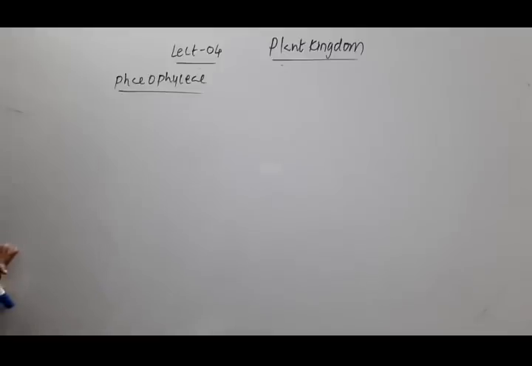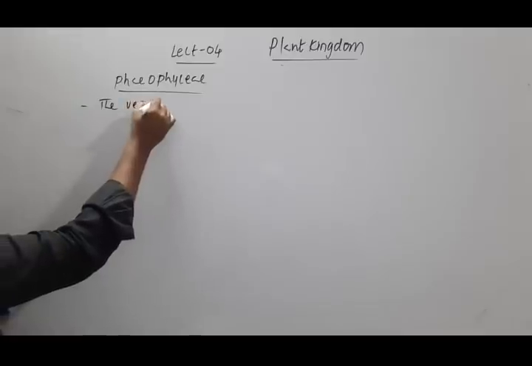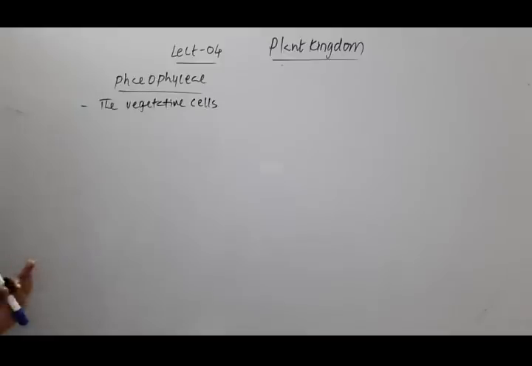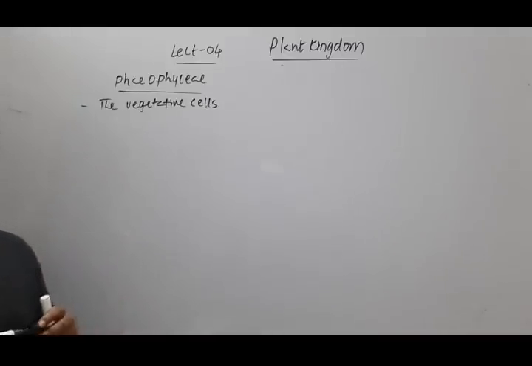The next one, we will see the vegetative cells. In a multicellular organism, we may find two types of cells: reproductive cells and vegetative cells.